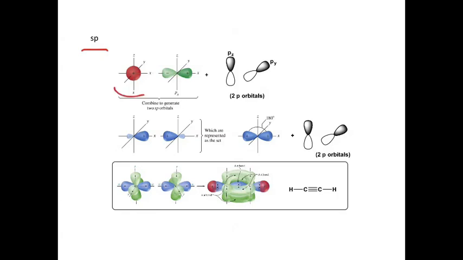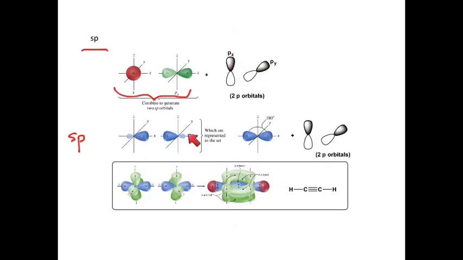So these can now combine to form two sp orbitals. Two orbitals in, two orbitals out. And again, the shape of these change a little bit. And we have two of these. So of course we have left over two p orbitals, one pz and one py.